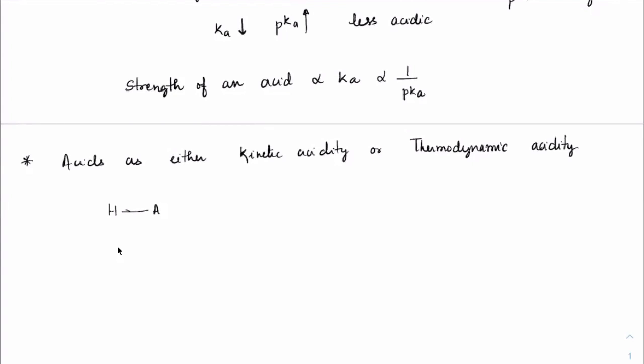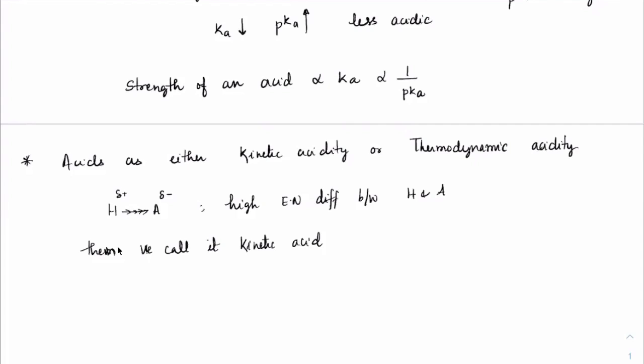In HA, if the electronegativity difference between H and A is quite high, then we call it a kinetic acid, which means it would have more kinetic influence than thermodynamic influence.